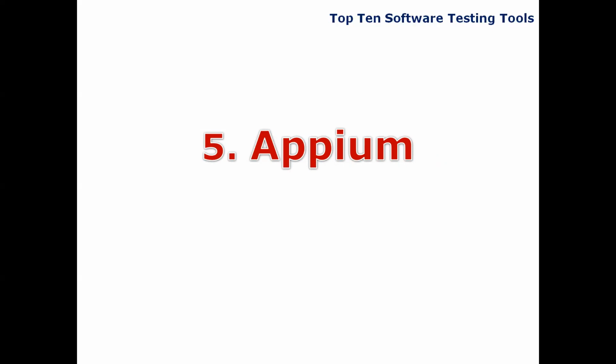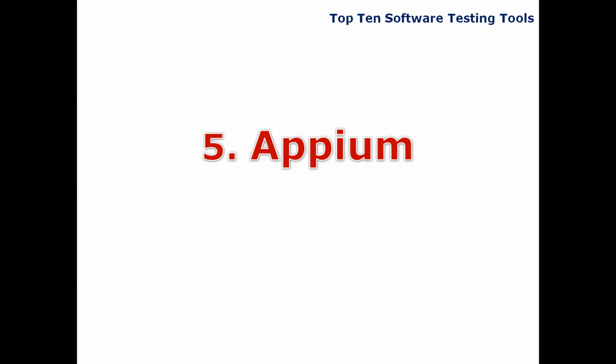Next, Appium. Appium is an open source test tool for use with native, hybrid, and mobile web apps. We have three types of mobile applications: native applications, web apps, and hybrid applications. Appium supports all three types of mobile applications, and it drives iOS, Android, and Windows apps using the WebDriver protocol.